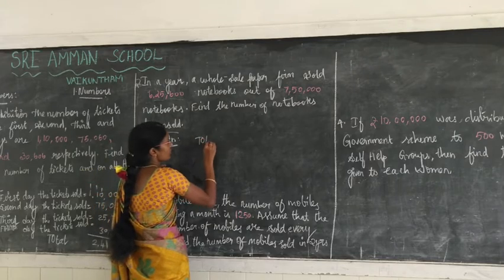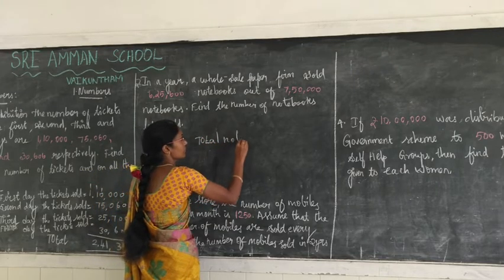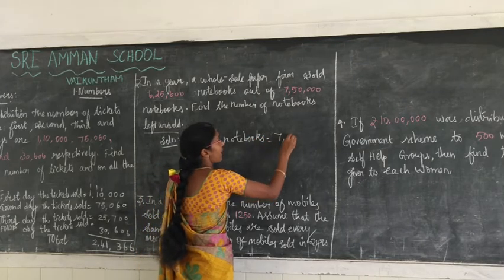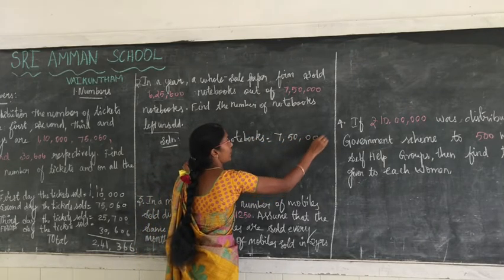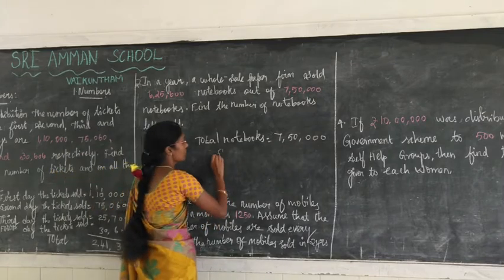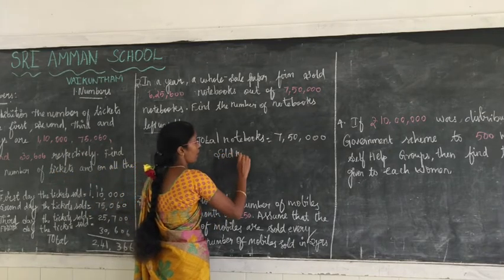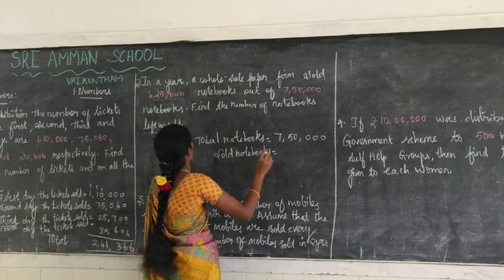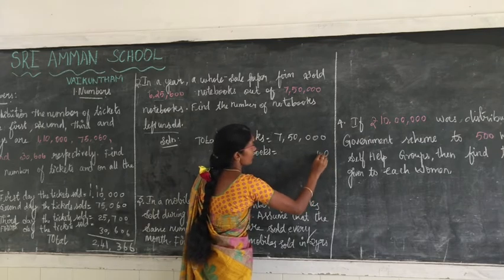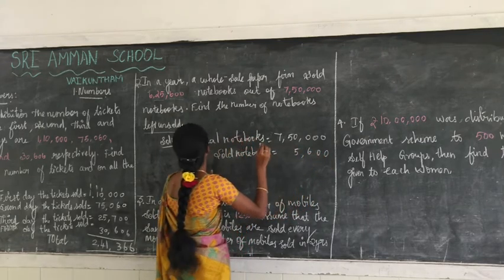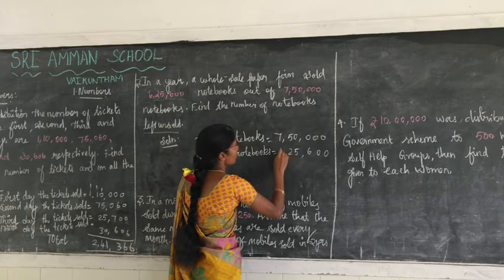Total notebooks equal to how much? 7,50,000. Next, they sold notebooks. How much? You have to write from the last: 0, 0, 600, 5, 2, 6.